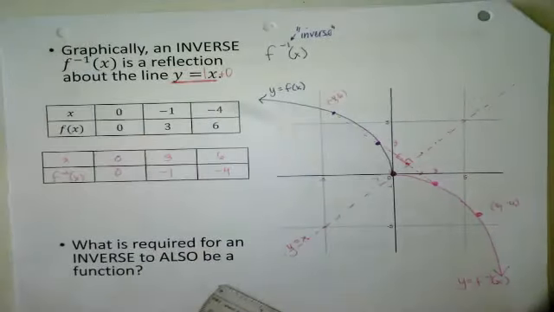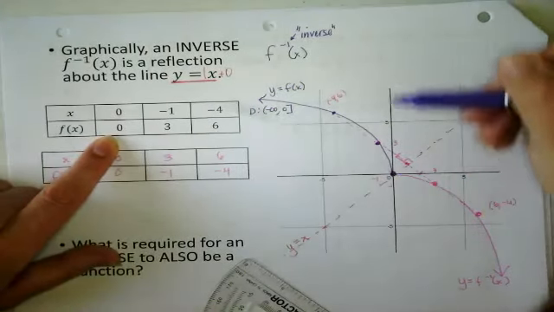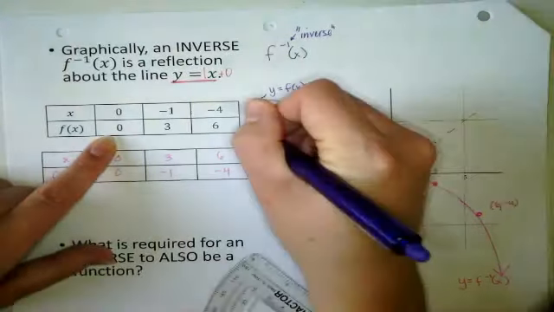So on this first original function here, this purple function, this domain was everything to the left of 0. So this went from negative infinity all the way to 0. And the range was 0 and up. So the range went from 0 all the way to positive infinity.